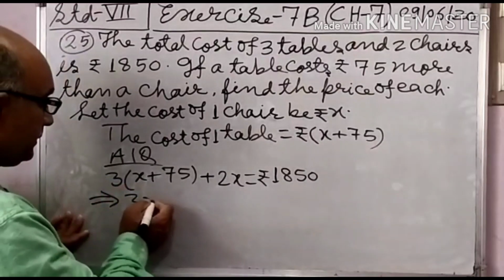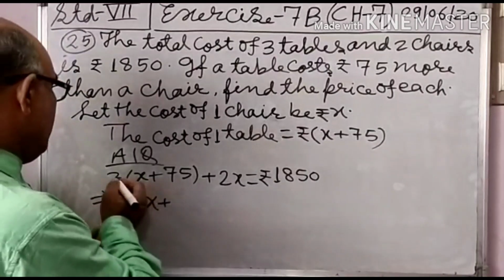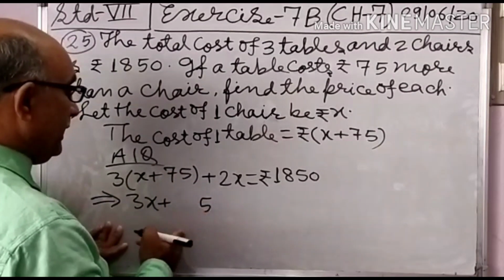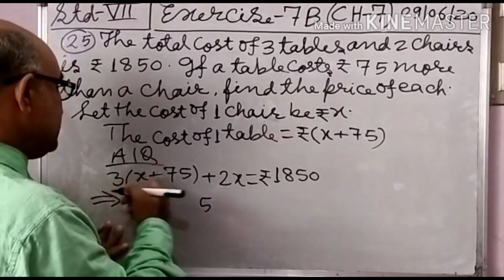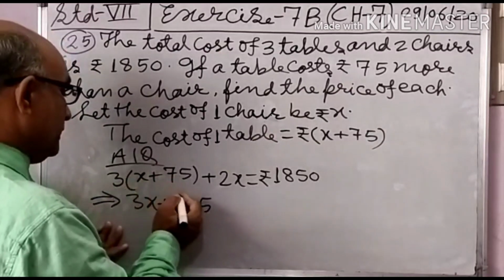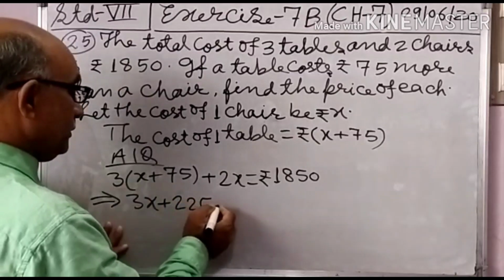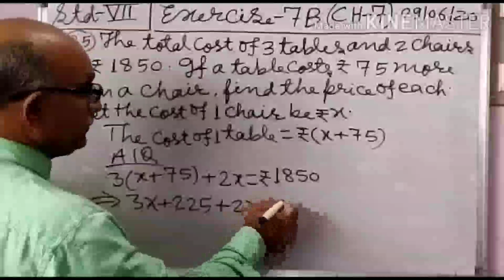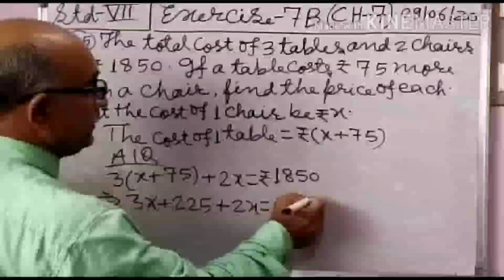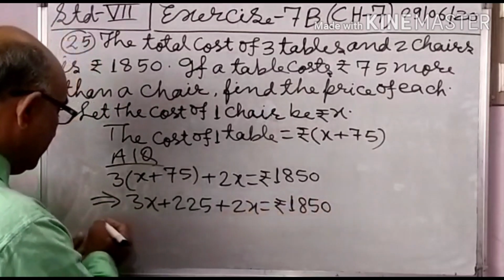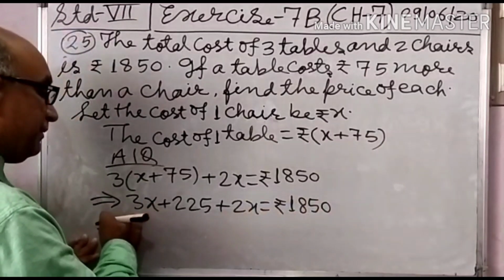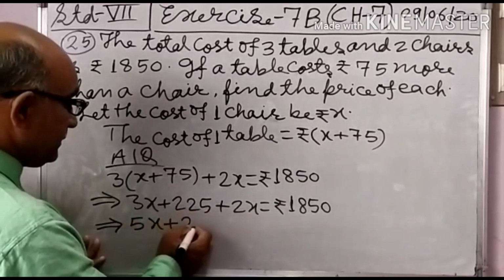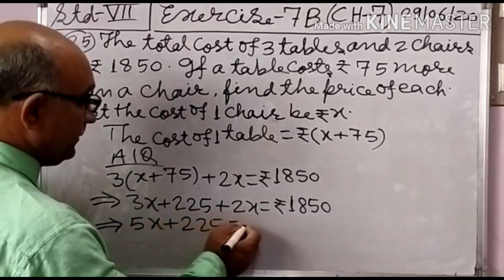3 into X, 3X, plus 3 into 75: 5 threes are 15, write 5, carry 1, 7 threes are 21, plus 1, 22, so 225, plus 2X equal to rupees 1850. 3X plus 2X, 5X plus 225.